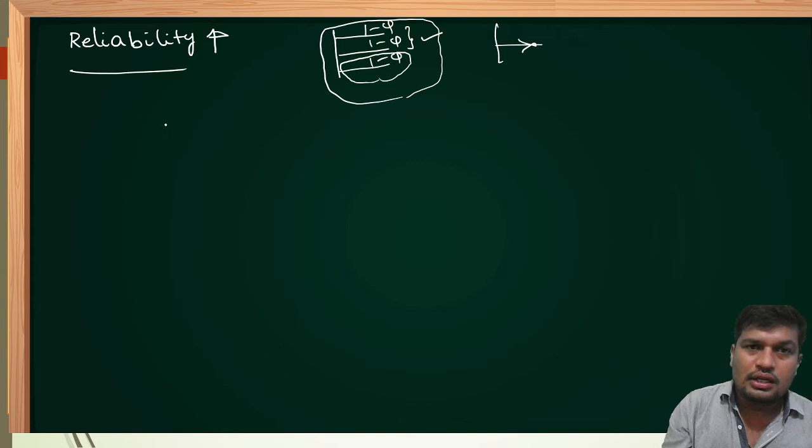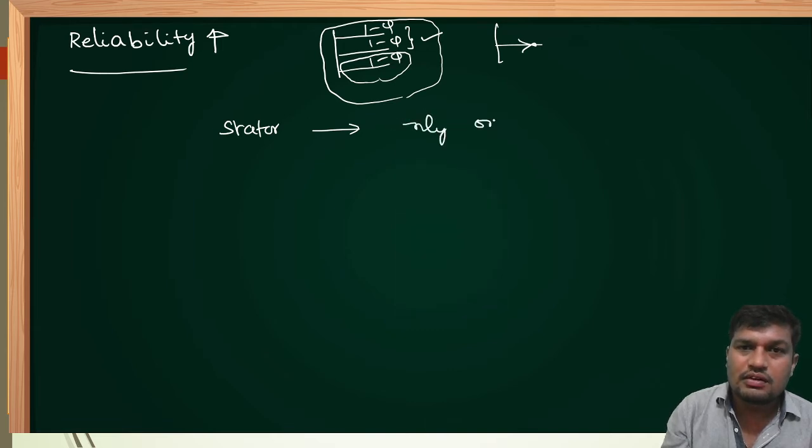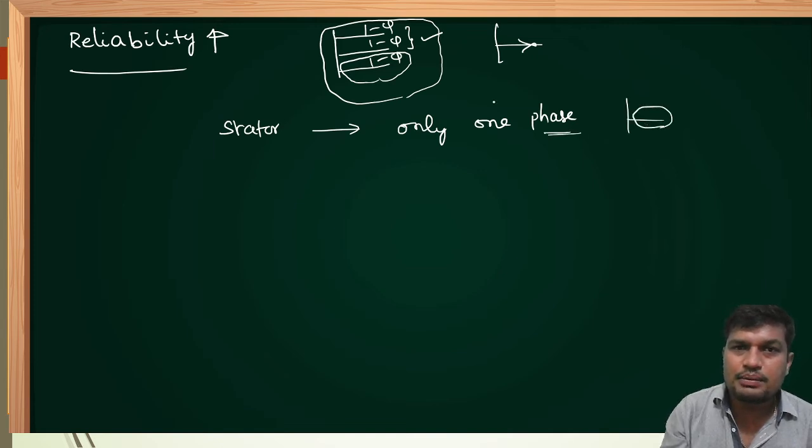In three phase system, all three phases are identical in design. Whenever they are all identical in design, physically we represent stator winding by only one line or one phase. Only one phase. The reason is, if you discuss about one phase, it is also explaining about the other two phases.